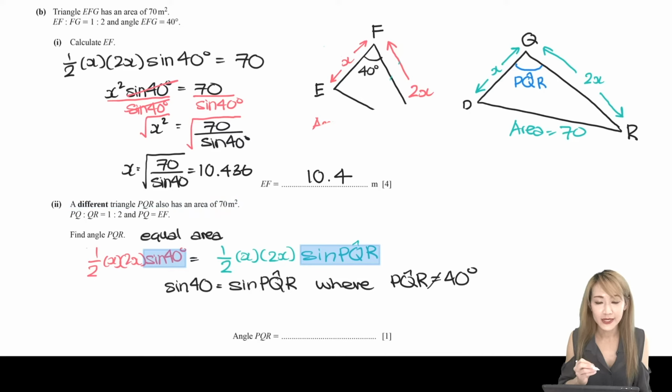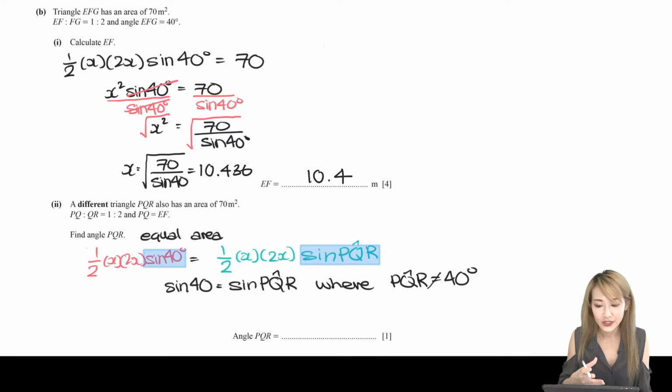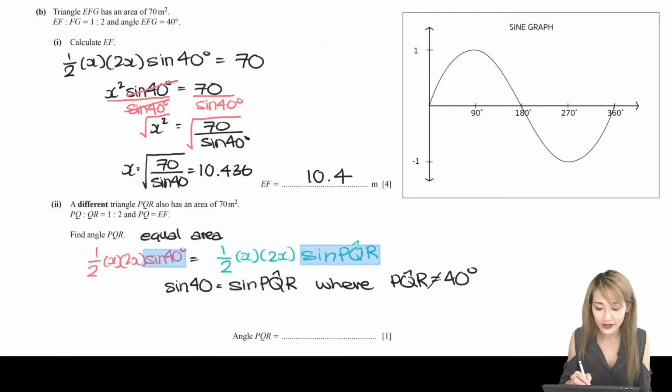So remember that different angles can give the same sine value, and we can work this out from the sine graph. So if the angle sine 40, so 40 over here, will give a value corresponding to over here. So 40 and sine 40 would be over here. We want another angle that gives the same sine value as 40.